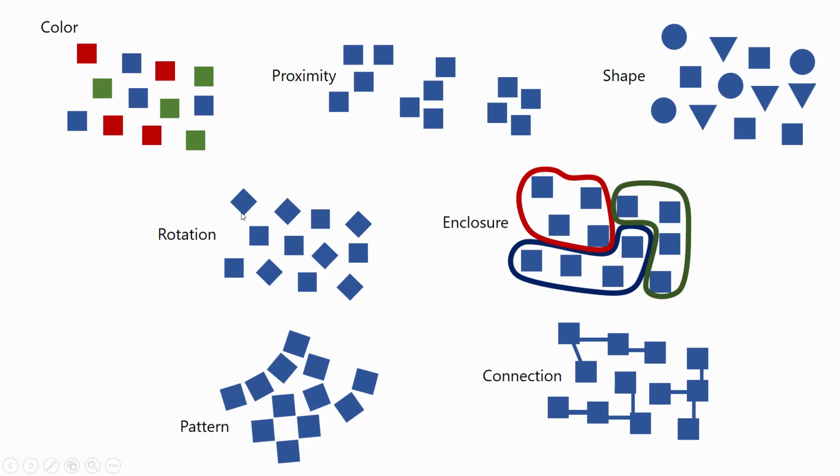In this rotation right here, the ones that are off at a 45-degree angle feel like they are part of a singular whole. Proximity is a very strong indicator for feeling like this is our space of identity.